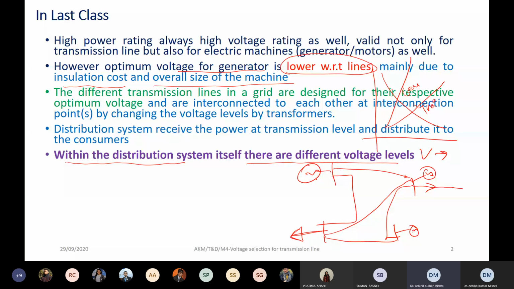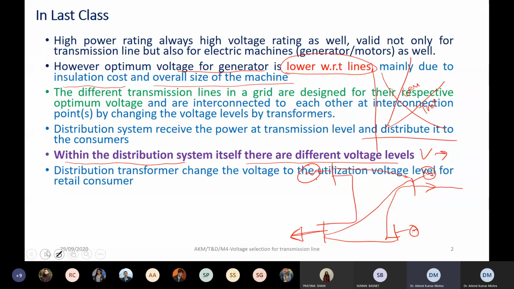One is called the area substation, where the voltage is converted from the sub-transmission level to the primary distribution level. Very near to the consumer, the voltage is converted again from the primary distribution level to the secondary or utilization voltage level. That transformer we call the distribution transformer, which changes the voltage to the utilization level for retail or very small customers.